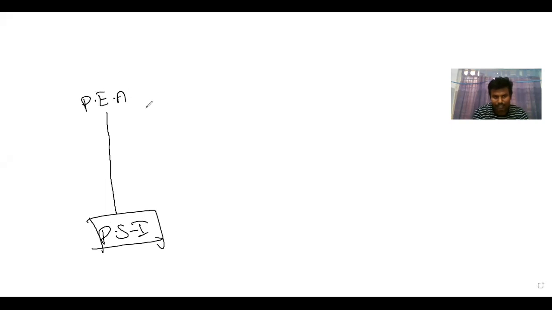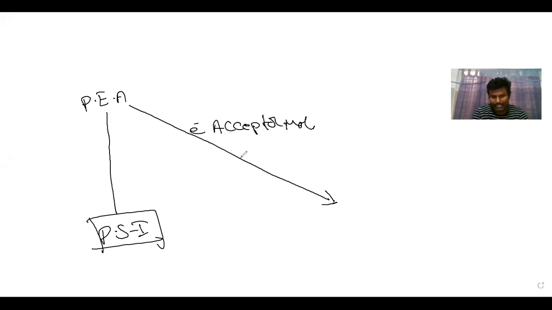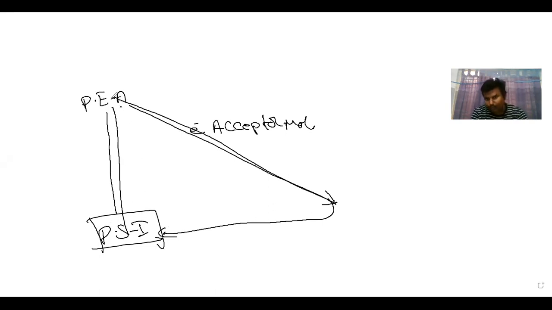From PS1, electrons are transferred to the primary electron acceptor, and through other electron acceptor molecules they come here, and again come back to the original position, as in the mitochondria and chloroplast.